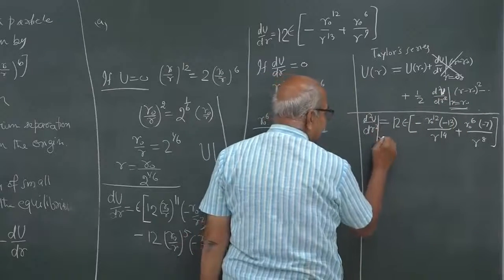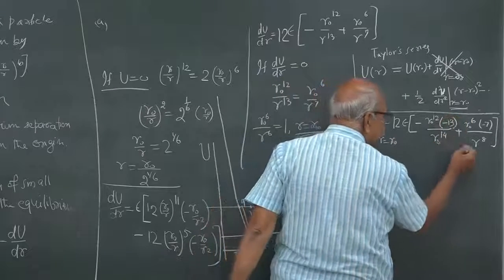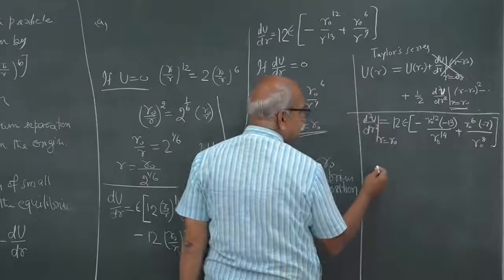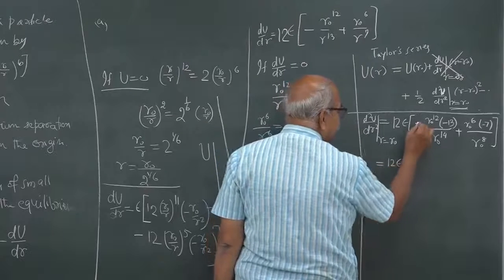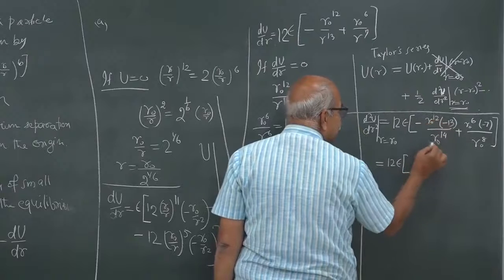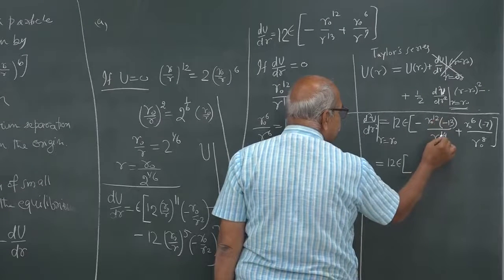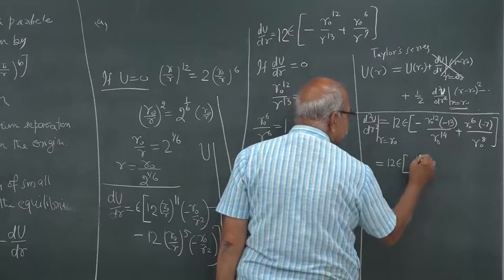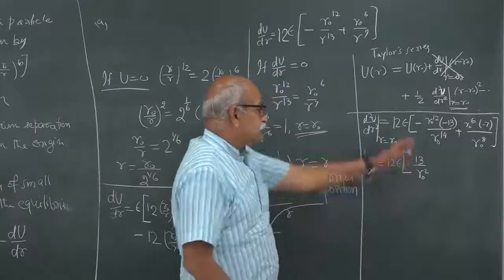So, if I write r equal to r naught, every r becomes r naught. Then what happens? Then it is 12 epsilon, this minus and this minus is plus, r naught to the power 12 divided by r naught to the power 14. So, it is r naught to the power 2. So, it is 13 divided by r naught square, the first term.